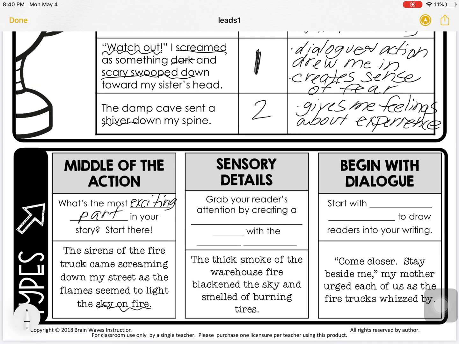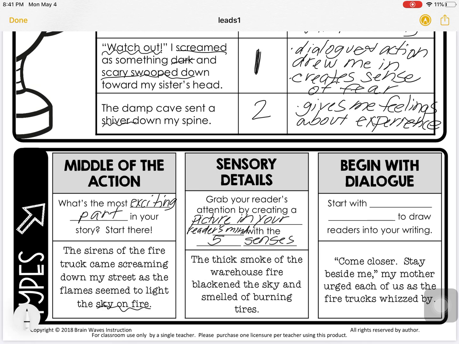Sensory details. Grab your reader's attention by creating a picture in your reader's mind with the 5 senses.